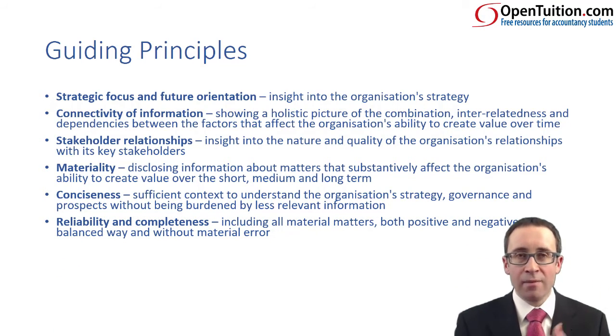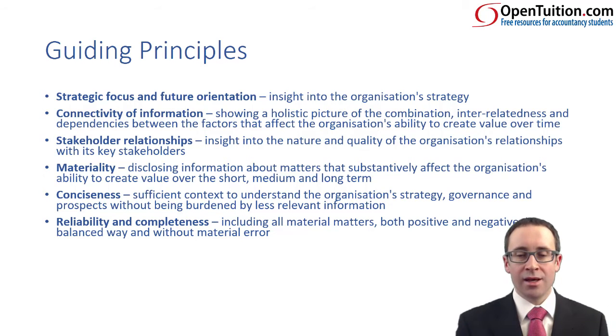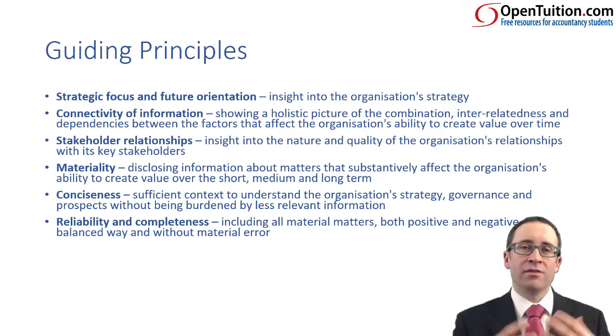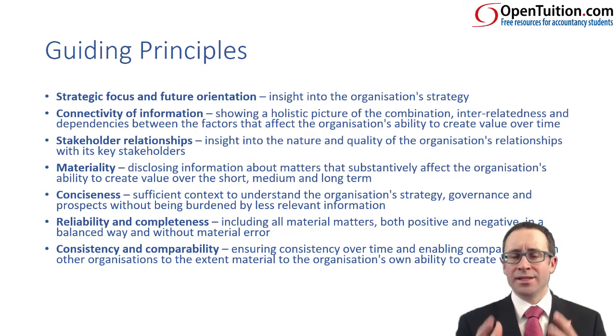It needs to be reliable and complete. If it's not reliable, do not include it. If it isn't complete, make sure it is categorically stated that it is incomplete. For something to be reliable, we need to focus, as I said earlier, not just on the positives but also the negatives. And then it needs to be consistent.